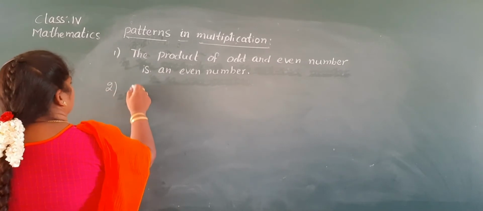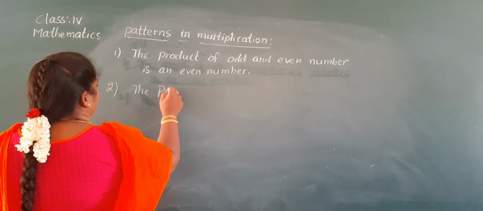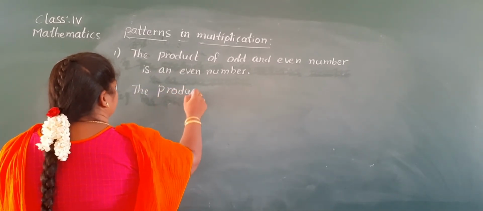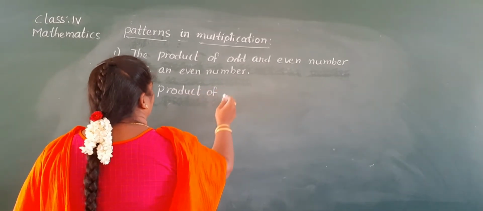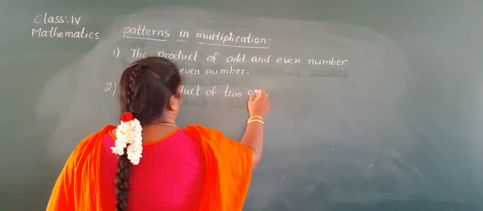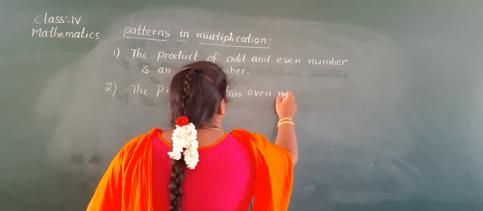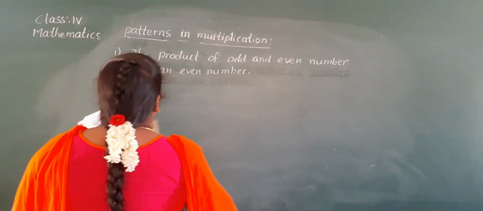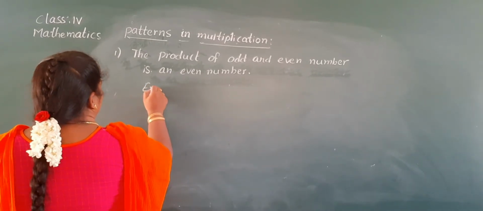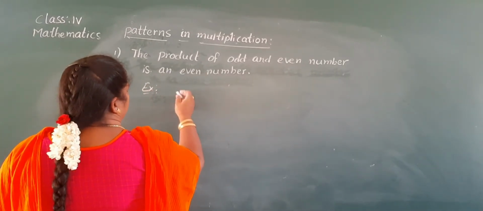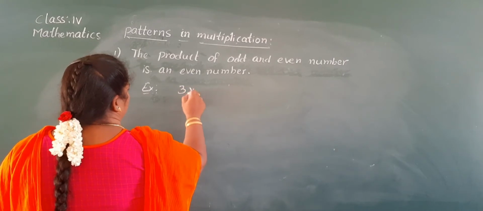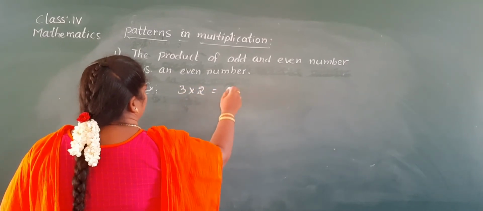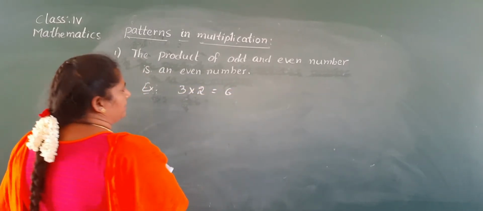Second one, the product of two even numbers. So I'll give that example also here, Nana. Example, take one odd number 3 and one even number 2. 3 2s are 6. Six is also an even number.